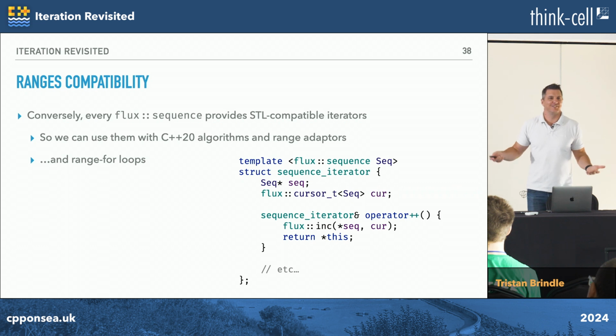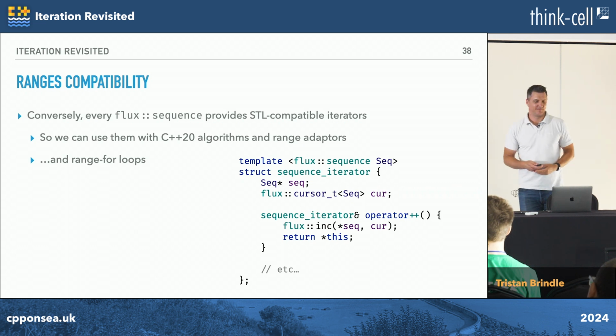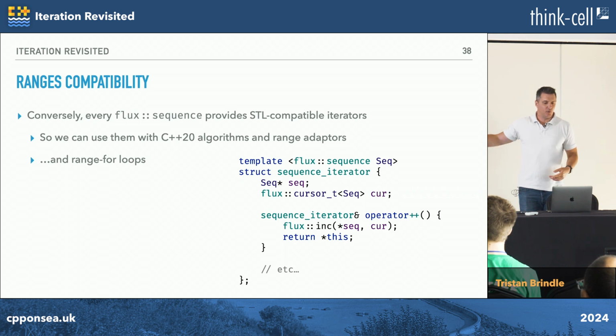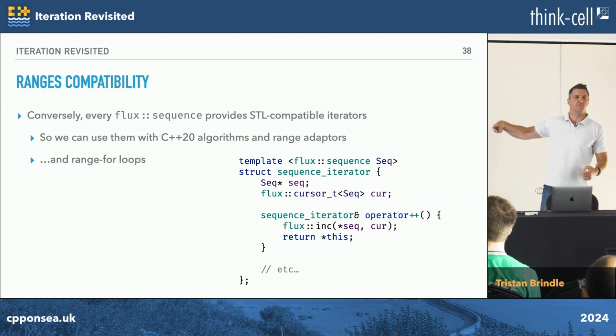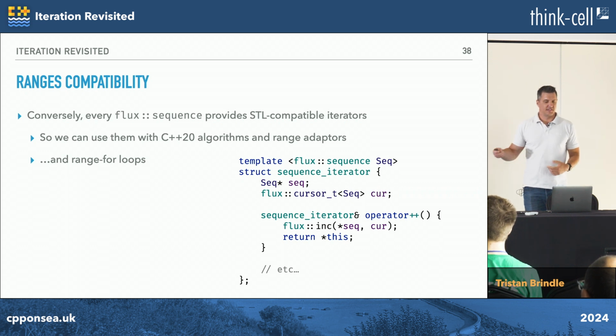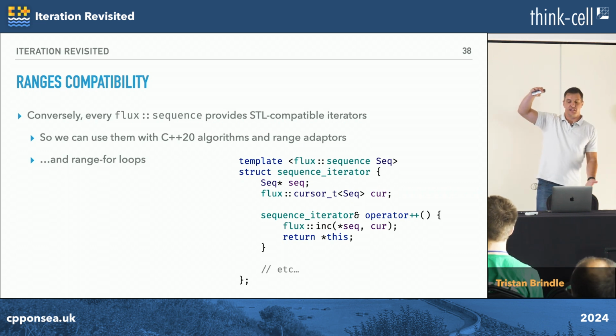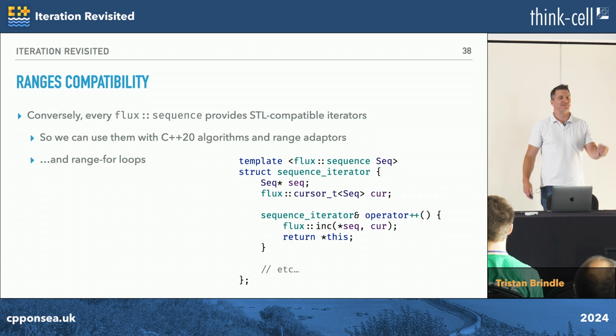We know that they're unsafe, so we're not losing anything by doing this. And you can see we implement all of the iterator operations in terms of the equivalent Flux functions. This goes all the way up to random access or even contiguous. So yes, I laboriously implemented all of these things so you don't have to.